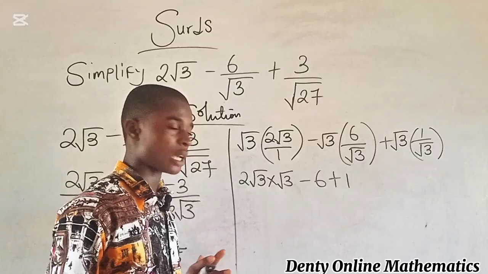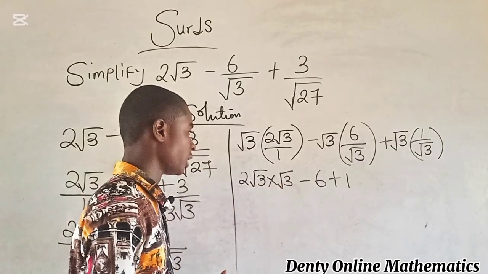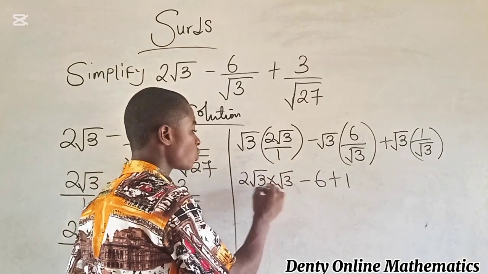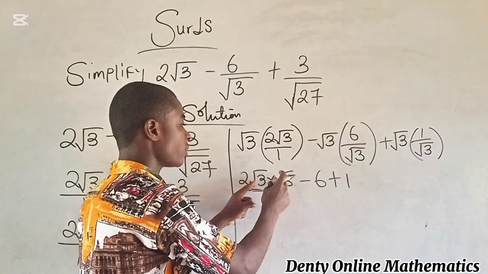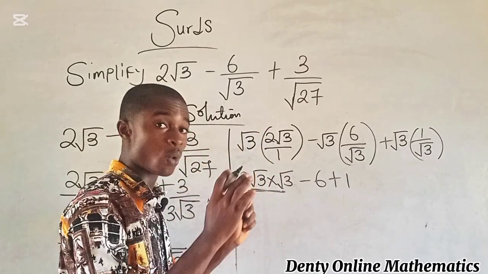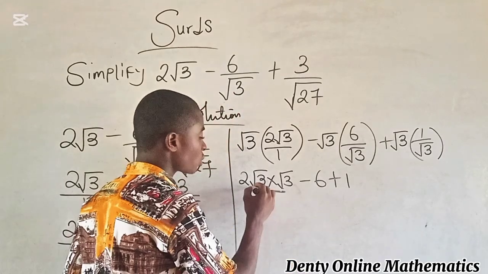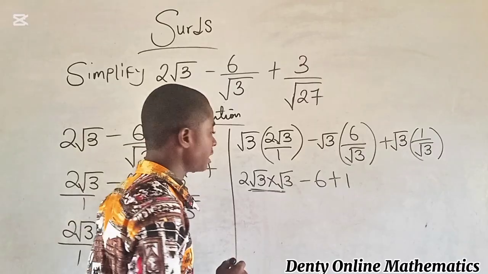Now let's observe something. We have 2 root 3 multiplied by root 3. Now root 3 will multiply root 3. Once you see two square roots multiplying each other, the square root sign will be evaluated. The square root sign will go out, or it will be discarded away. So once the square root sign is out, you are going to pick one of the numbers inside.